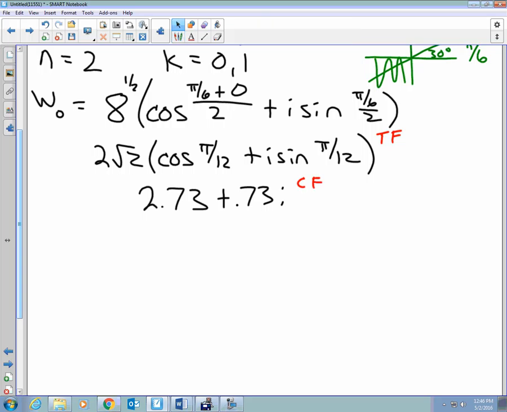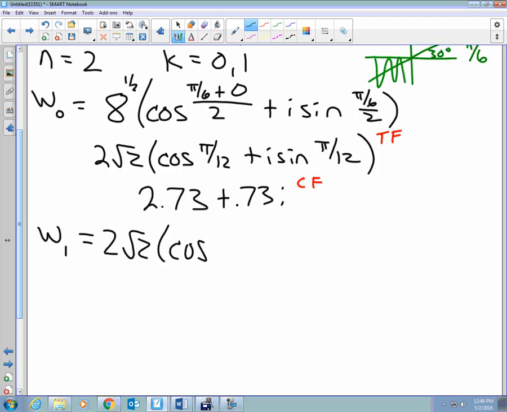Trigonometric form, complex form. What do we now need to find? W sub 1. Does the 8 to the 1/2 change? So it's just 2 roots of 2 times the cosine of pi over 6 plus 2 pi k, which would be 2 pi, all over 2, plus i sine of, let's see, let's try to figure that out. 13 pi over 6.